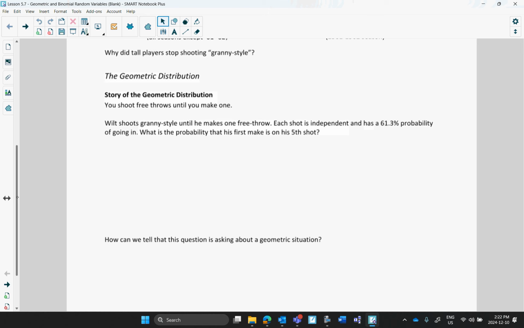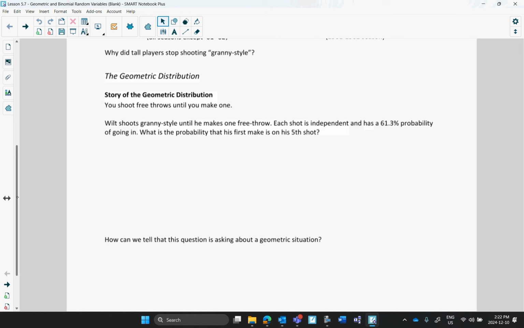Okay. So the geometric distribution would answer a problem like, how many free throws do you shoot until you make one. So we would answer questions like, what's the probability that you would keep shooting free throws until you made the fifth one?